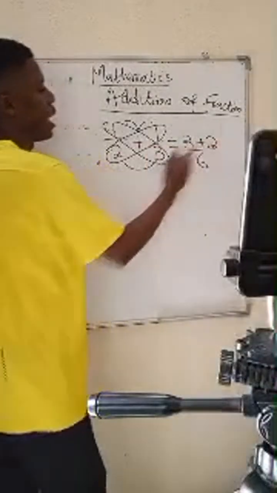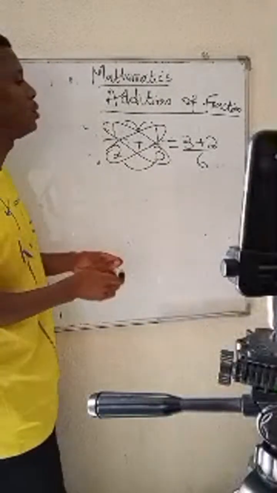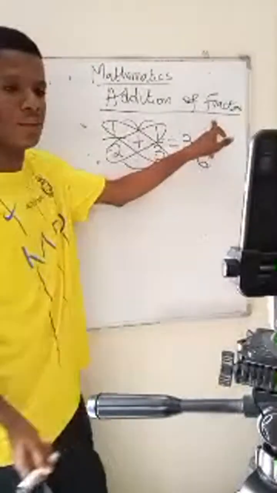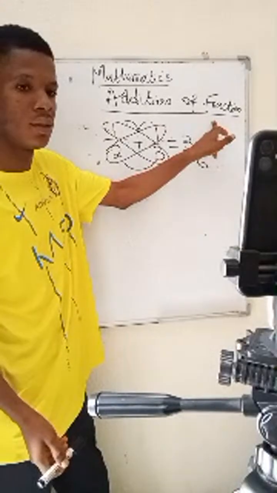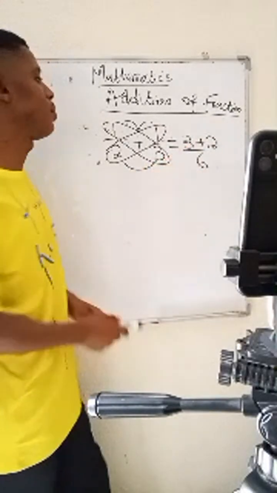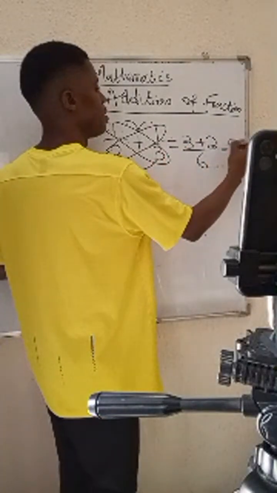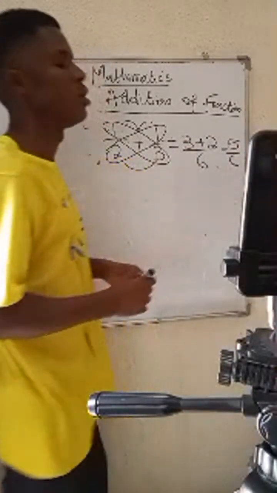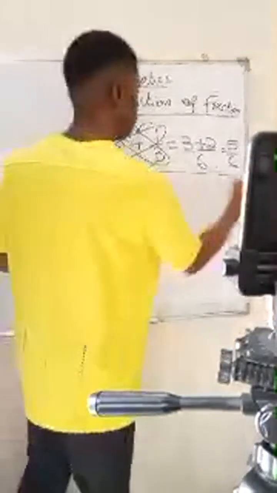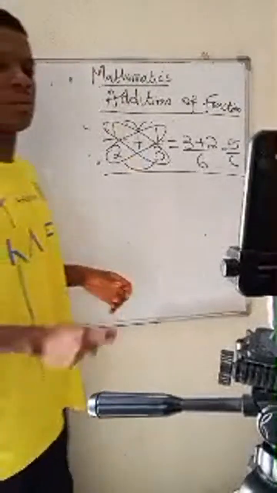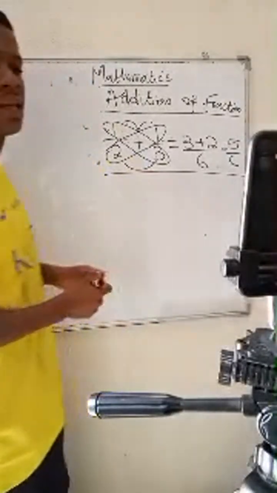Good. So add 2 and 3 together, the new numerator. 2 plus 3 is 5. So the answer becomes 5 out of 6. Do you understand? Okay. That's the answer.